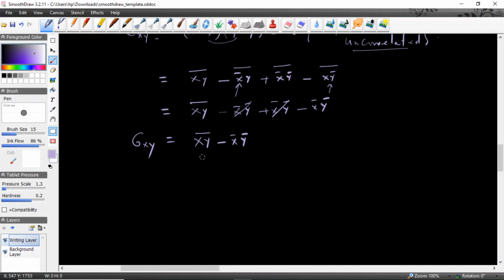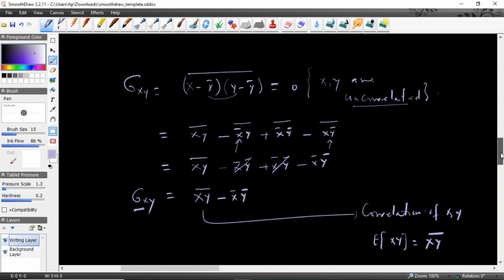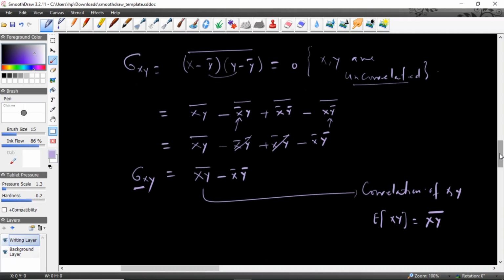So this term is generally called the correlation of random variables x and y, which is defined as the expected value of xy, or xy bar. So the covariance of the two random variables x and y will be equal to their correlation minus the product of their expected values or the means. And we have said that the two random variables are said to be uncorrelated if their covariance is 0.